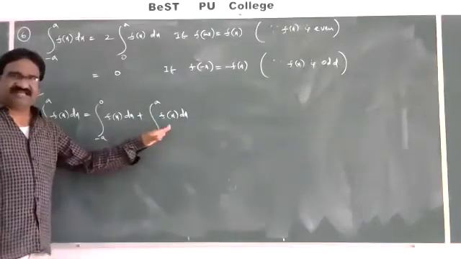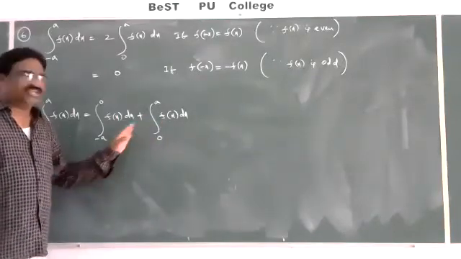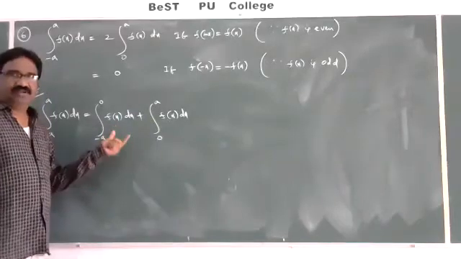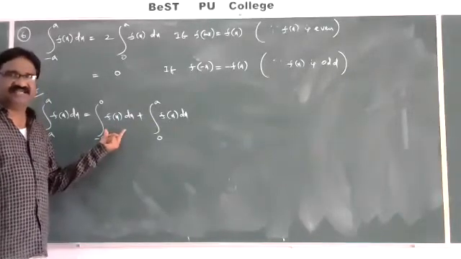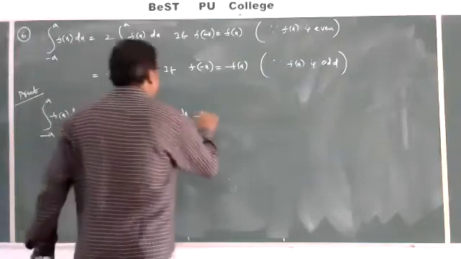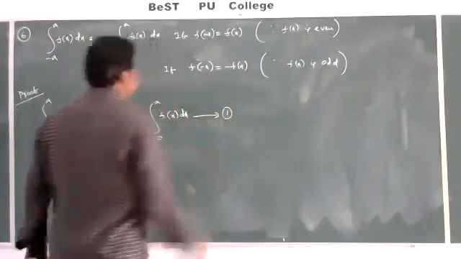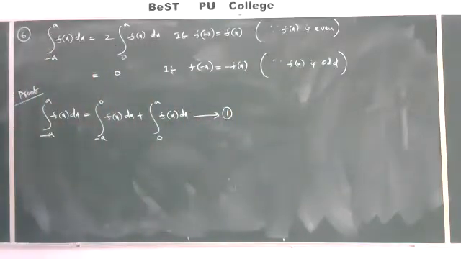No change to this integral. We want to change this integral. So you take this integral separately, like the previous theorem. This is equation 1. You take separately integral minus a to 0 f of x dx.